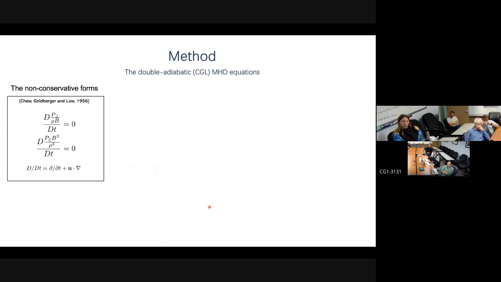The perpendicular pressure equation is usually linked to the first adiabatic invariant, which is also called mu, the magnetic moment. And the parallel pressure equation is related to the second adiabatic invariant, representing that in the flux tube, the time variation is slow relative to the bounce time.